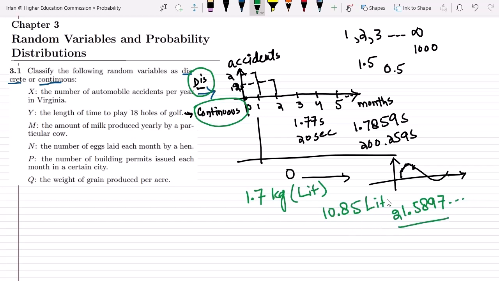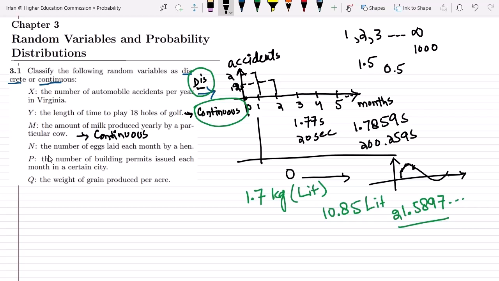These are all the values the amount of milk can take. So this is again the continuous random variable. You have understood the essence behind this question.